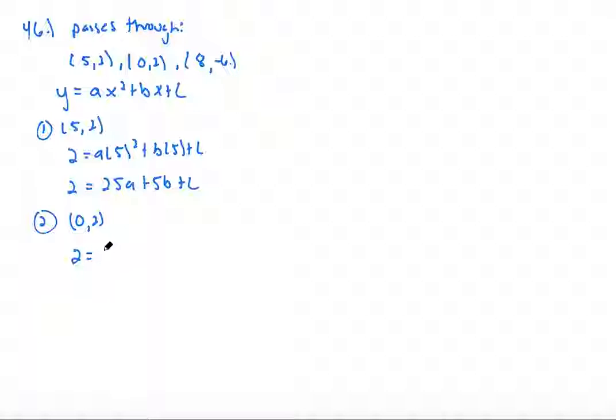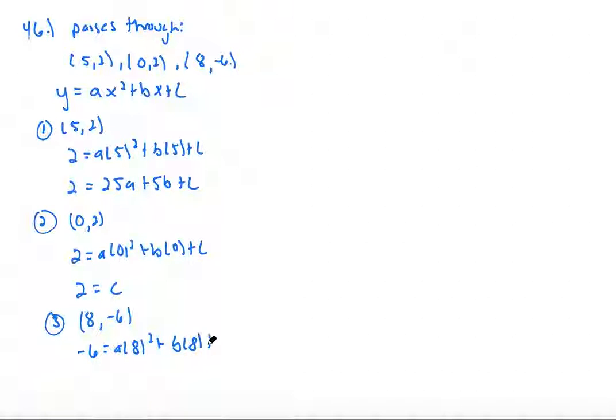We have 2 equals a times 0 squared plus b times 0 plus c. So we have 2 equals c. Number 3, we have the point (8, -6). Substituting that in, we have -6 equals a times 8 squared plus b times 8 plus c. So we have negative 6 equals 64a plus 8b plus c.